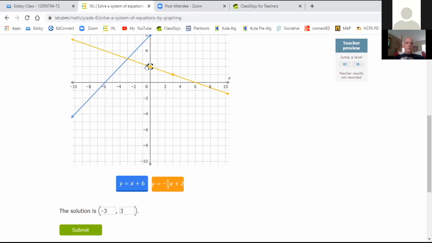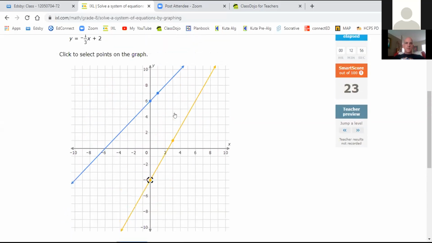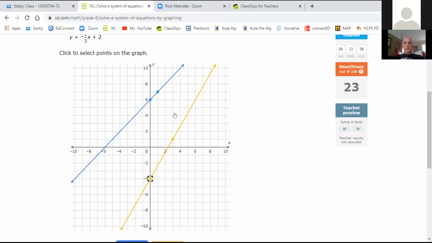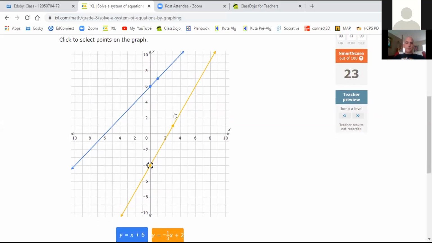And let's say, for example, you made some mistake and you don't see anywhere they cross. Well, that's not going to be correct. You've made some mistake in the graphing. Or if you graphed one of them correctly, but maybe not completely correct, right? You graphed the intercept right, but you did down 1 and right 2 instead of right 3.